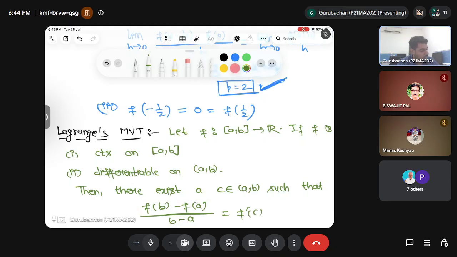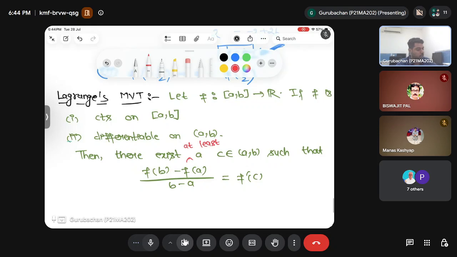There exists at least one c in (a, b) such that this condition, or this result, holds.